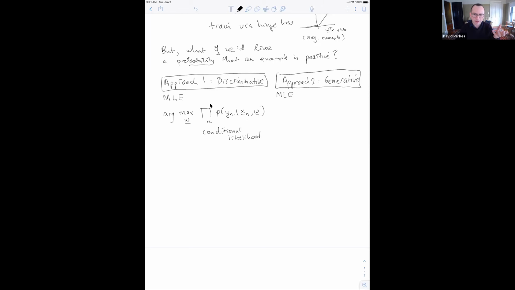And this is the product symbol. We take the product because we think about each of our examples in our data as being independent of each other. So read this whole thing as the conditional probability of the labels in your data, conditioned on the features in your data. This is going to be approach one.